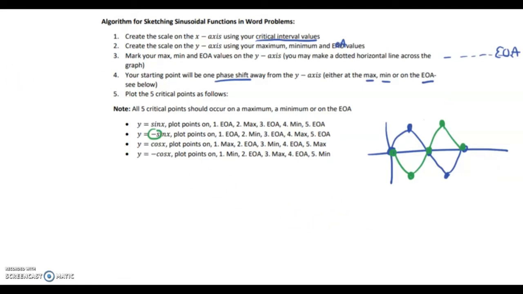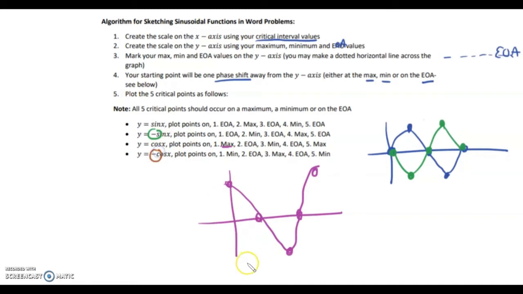Okay, now cos. When we're plotting cos, we start at a max, equation of axis, min, equation of axis, max. That's normally our cos curve. If we have a reflection, then we start at a min, equation of axis, max, equation of axis, min. So if there's a reflection, all that's changing is the patterning.